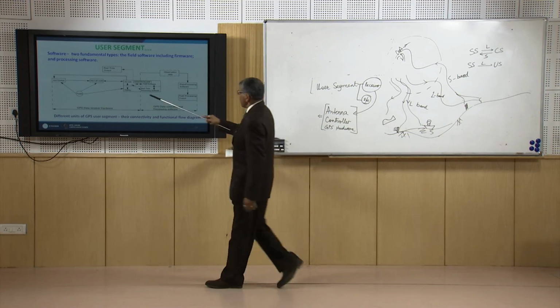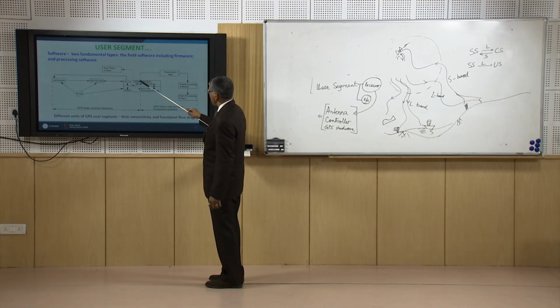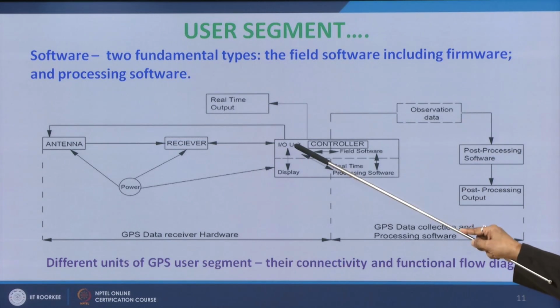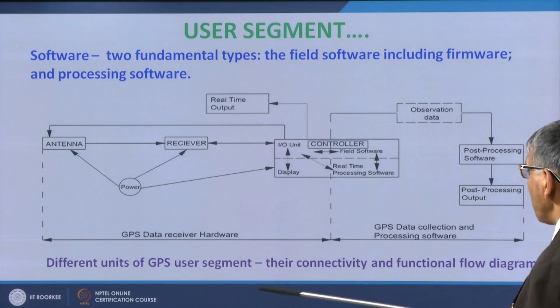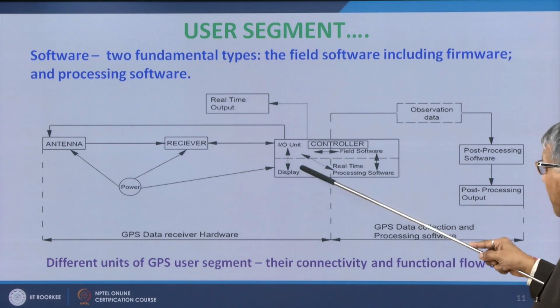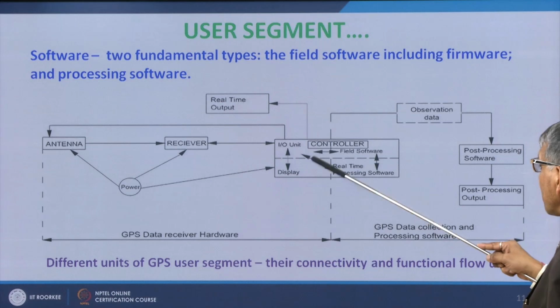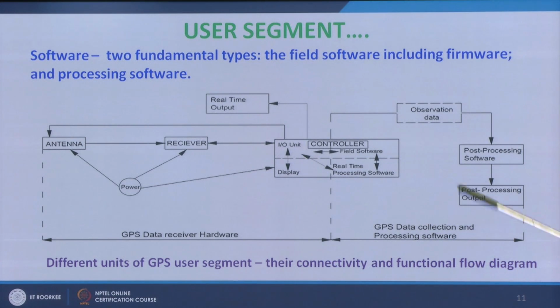Now you can see here the input output unit. The controller also has an input output unit through which it provides input or takes out the output. There is a display unit in the controller. There is field software which processes the data also, and real time processing software.